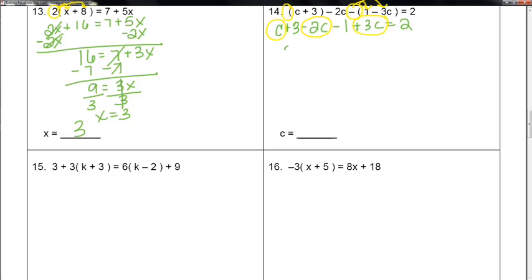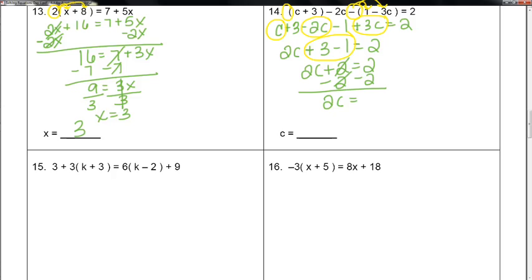That gives me 2c plus 3 minus 1 is equal to 2. 3 minus 1 is 2. I'm going to subtract 2 from both sides. I have 2c is equal to 0. Divide by 2. C is equal to 0.